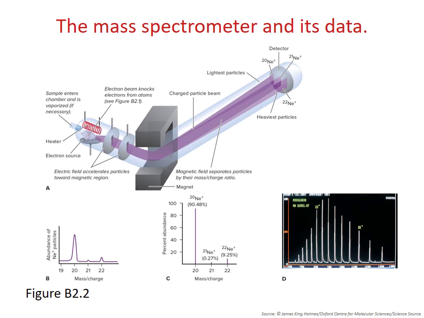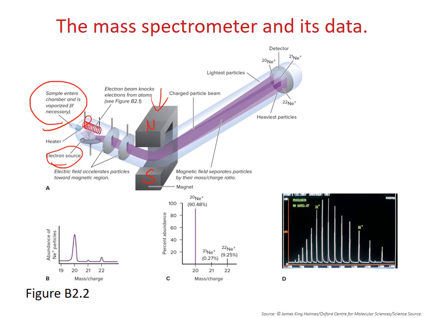This diagram briefly shows how a mass spectrometer works. The key of the instrument is the magnetic field. A sample enters the chamber and is vaporized and heated. An electron source provides an electron beam that can knock electrons out of the sample.